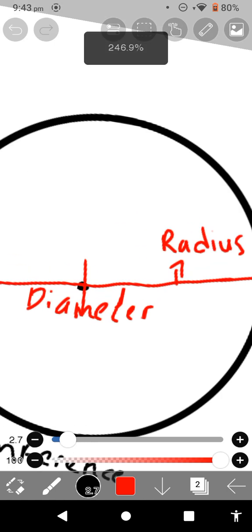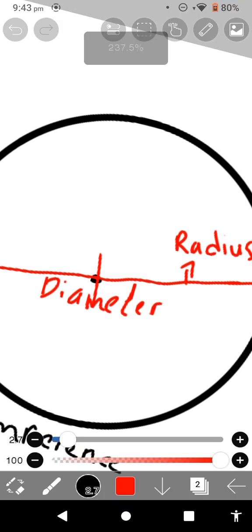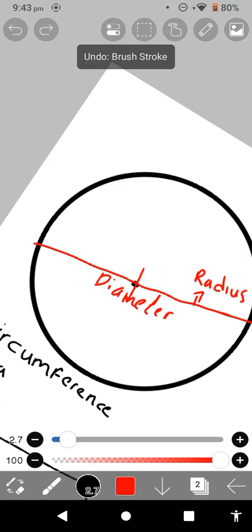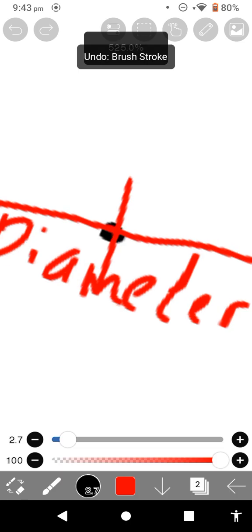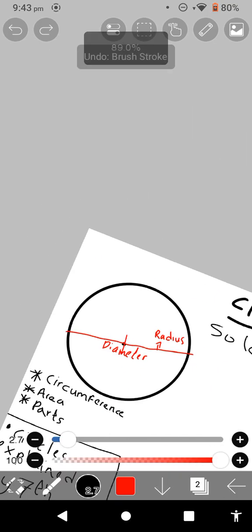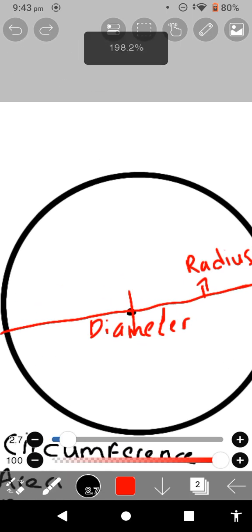The diameter is a straight line, but it can also go from here, here, or anywhere, but it always crosses the center of the circle. So that's how we can identify a diameter.